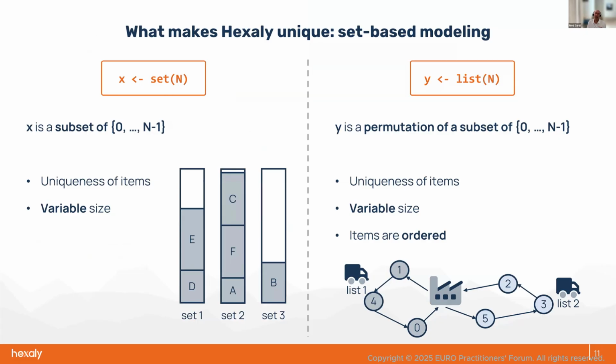So what makes Hexaly unique? It's really the concepts I introduced previously related to set and list. These concepts are the idea to introduce set algebra into a mathematical optimization API, set algebra and permutation algebra, interval algebra as well.